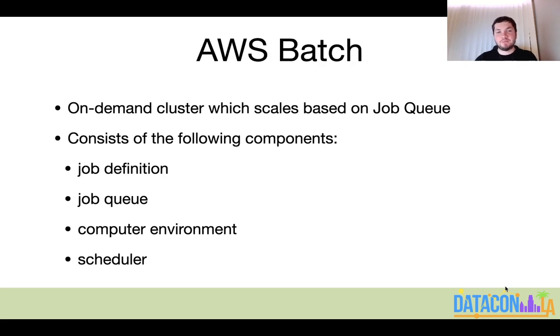With AWS Batch, we can just consider it as a cluster which will scale based on a job queue, but at the same time, we only need to define a computational environment and scheduler, and everything else is defined for us. So we don't have to handle the cluster itself.